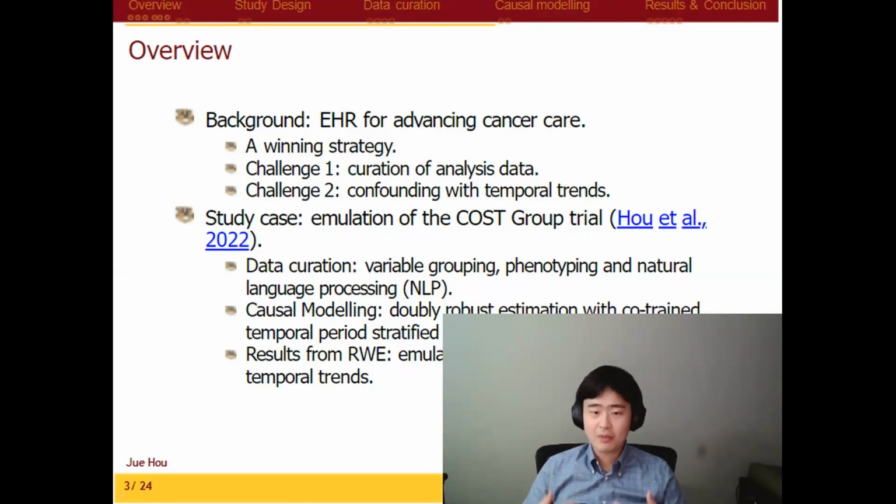We talk about how we can use causal inference tools to model the data, using doubly robust estimation with co-trained temporal period stratified models. And in the end, we will show the analysis results from the real-world evidence, where we successfully emulate the randomized clinical trial, and we will list the temporal trends detected in the process.